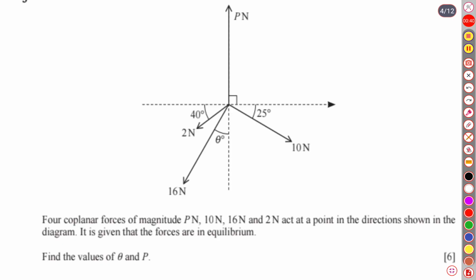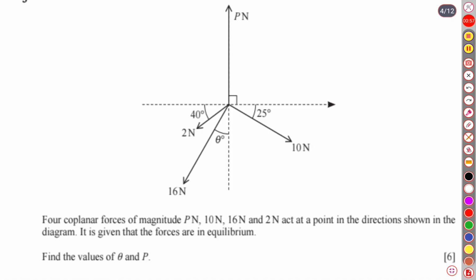So, this is one of the most interesting and simplest questions. First of all, let me complete drawing the diagram. If we draw some triangles, then it will be easier for us.